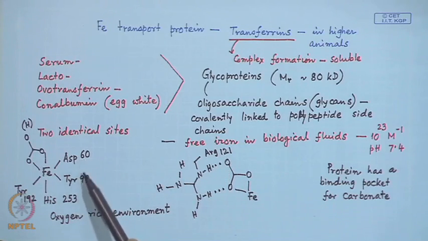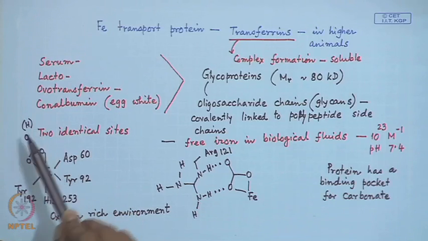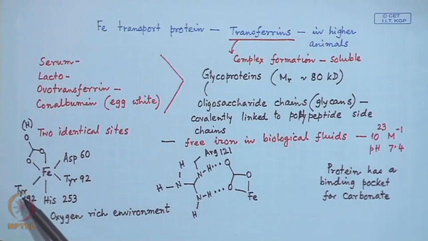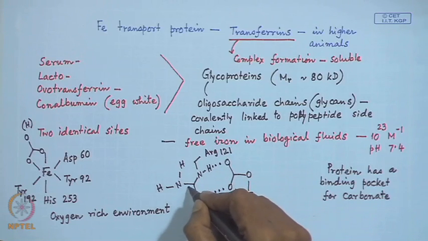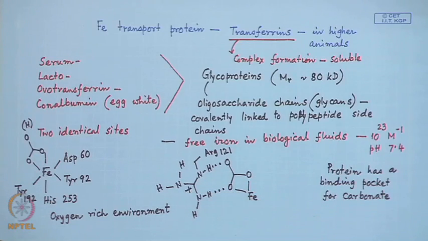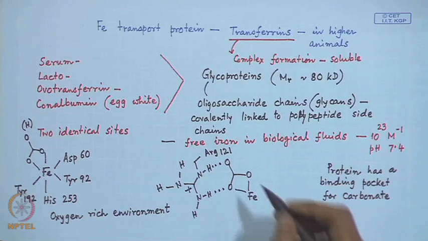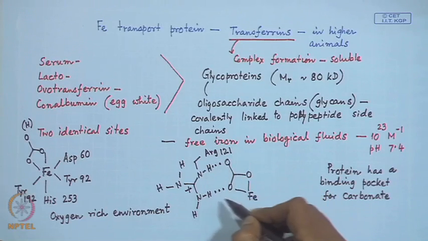So, that means 60, 92, then it goes to 121, then it is coming to tyrosine and then to histidine. So, histidine as the end number is 253. So, this hydrogen bonding with the arginine residue of the polypeptide chain further stabilizes the carbonate anion.